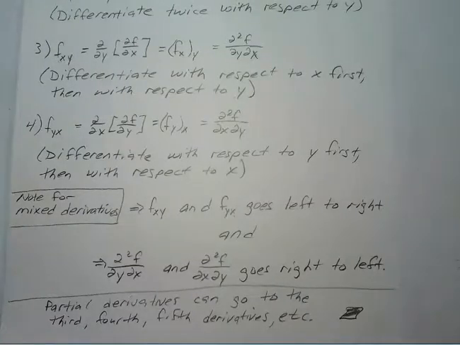You can keep on going, and going. All right. So if you are still writing, feel free to press pause. But we're going to go ahead and go to our first example.